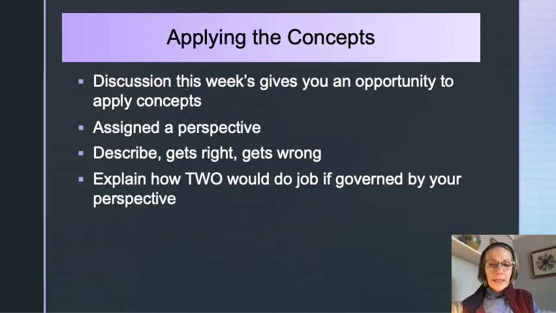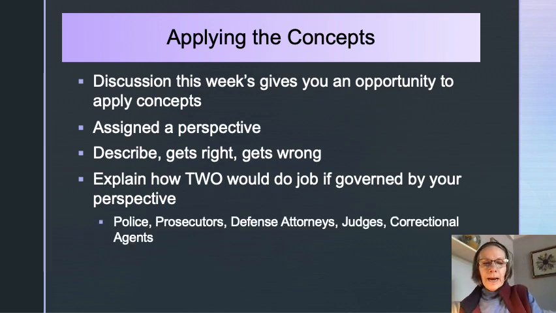Okay. And then you explain how 2 of the following would do their job if they were governed by your perspective. Okay. So we have the police, prosecutors, defense attorneys, judges, correctional agents. These are the agents that work within the criminal justice system.